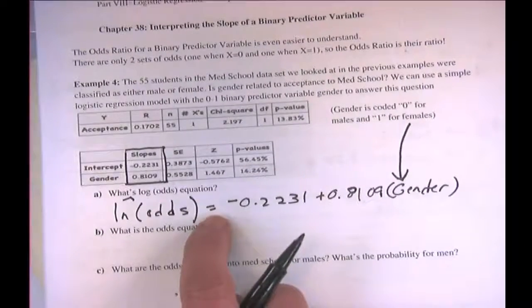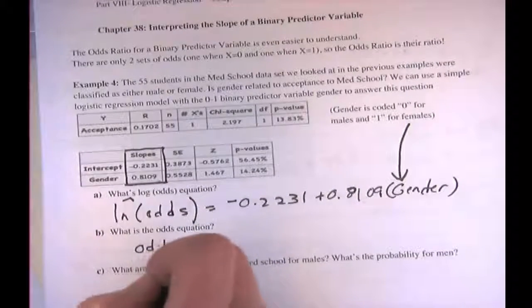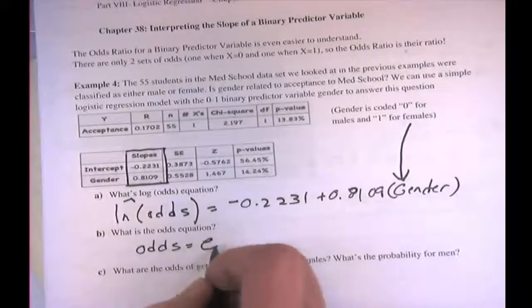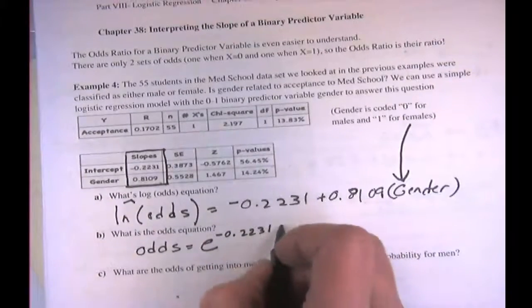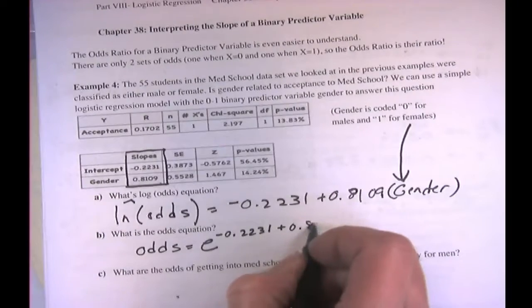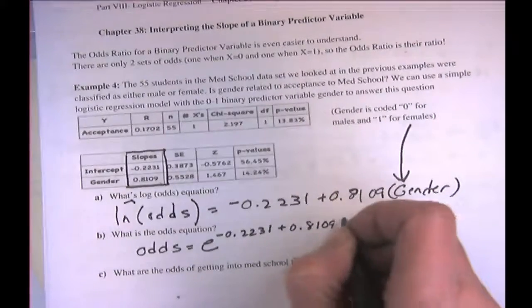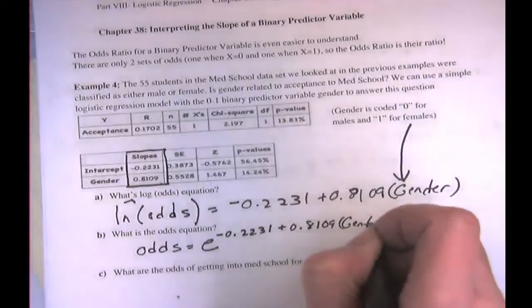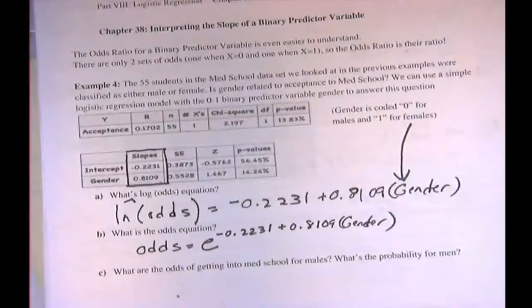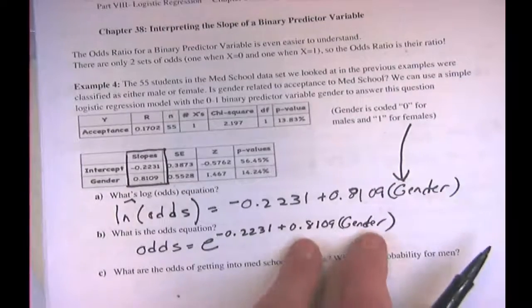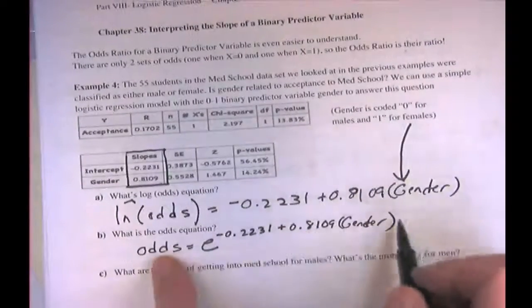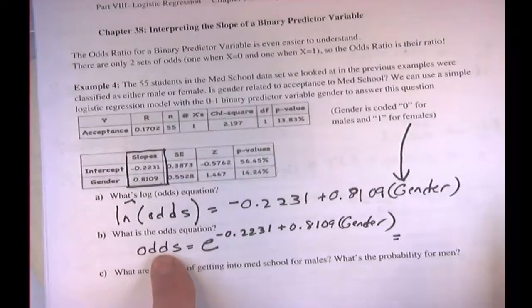Then to get the odds, we'll just exponentiate this. And we get e to the minus 0.2231 plus 0.8109 times the gender. All right. And that's the same thing as writing what? You see, this is where our odds ratio comes in. It's the e to the slope because the odds change as a multiplicative factor.